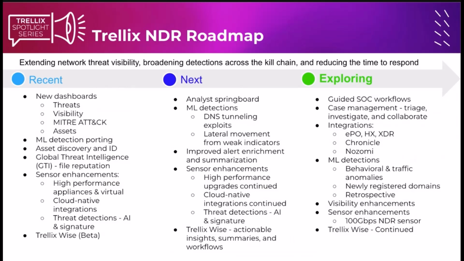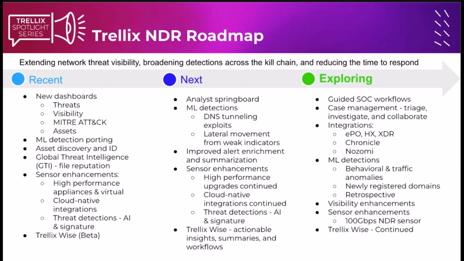The next releases that we're looking at, we're focusing on the likes of an analyst springboard, and this is where we're providing very rich and very deep prioritization of the severity of alerts, of assets, and communications that are taking place between assets. And this allows the analyst, as a springboard or a starting point, to know what investigations they should take.